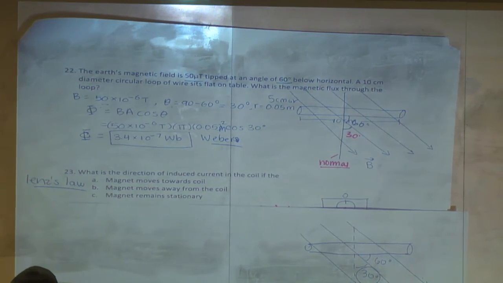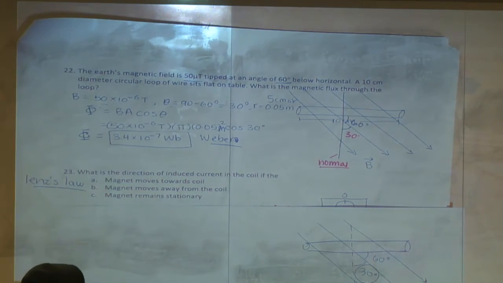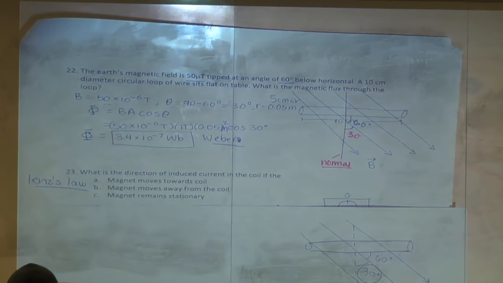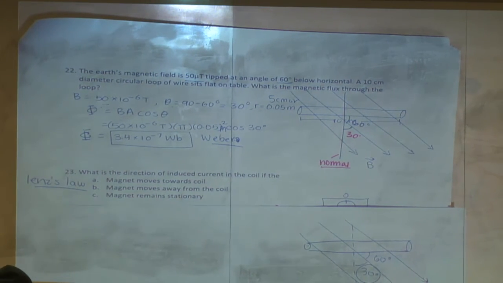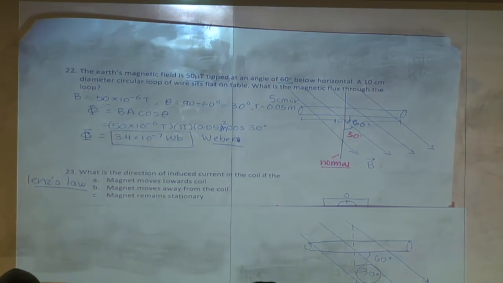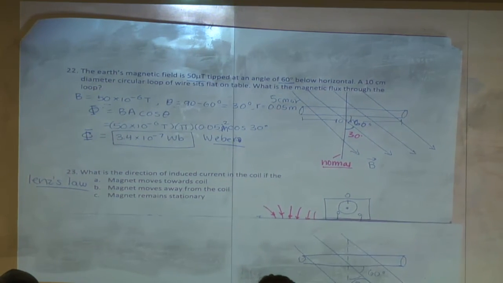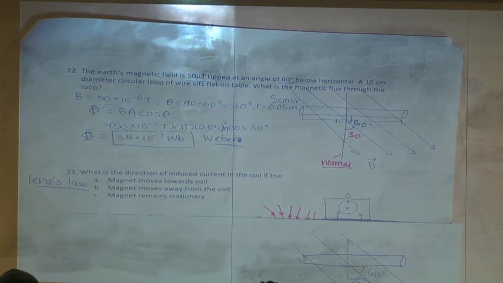With that induced magnetic field, we also have an induced current, because we know that a magnetic field induces current and current induces a magnetic field. So we use the direction of the induced magnetic field to calculate the direction of the induced current.